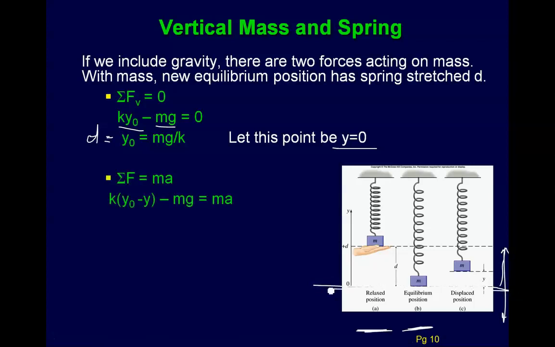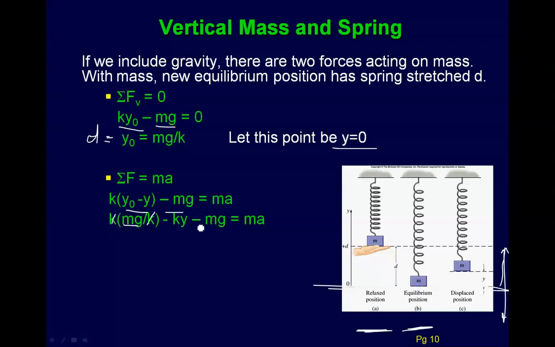We can show that here. Now, any displacement from there will give a force of k times y naught minus y, minus mg, equals ma. If I plug that in, I distribute the k times the y naught and the y, so k times mg divided by k is just mg.